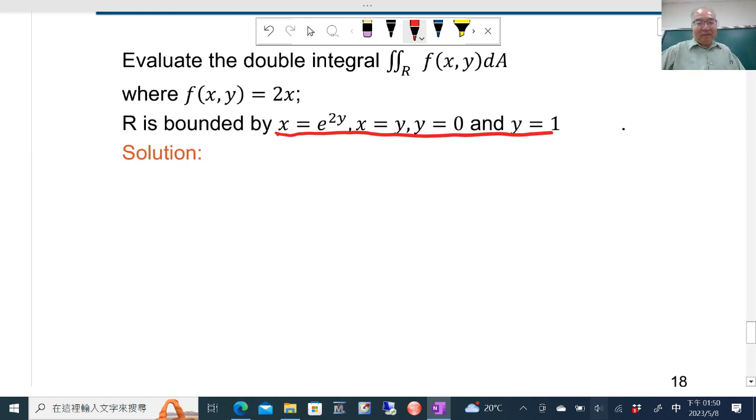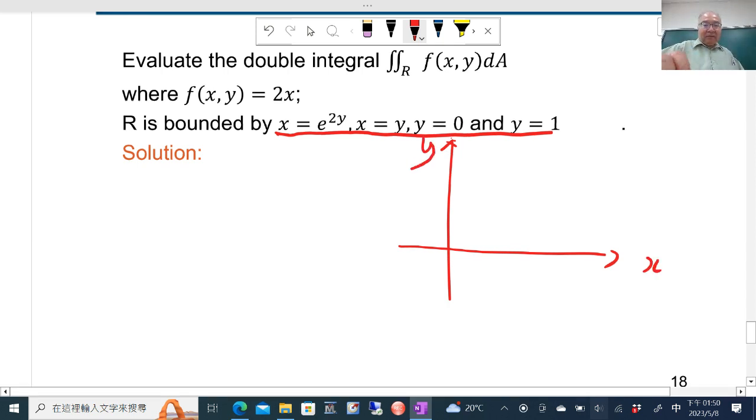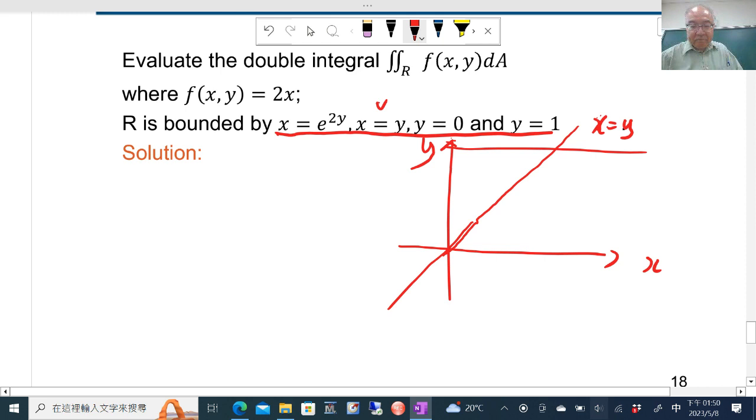Okay, all right, now in the regular sense, we have x, we have y, and x equal to y, that's 45 degrees, x equal to y, and y equal to 0, y equal to 1, and here we have 1, 1, and this is y equal to 1, y equal to 0.